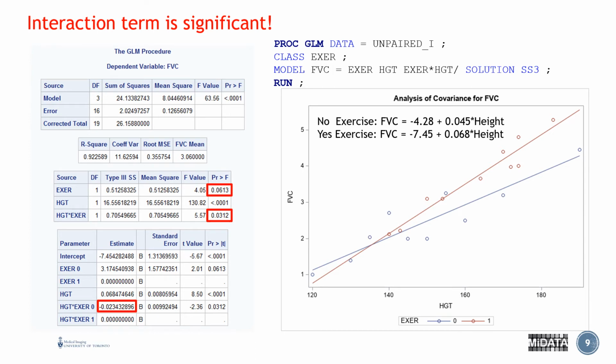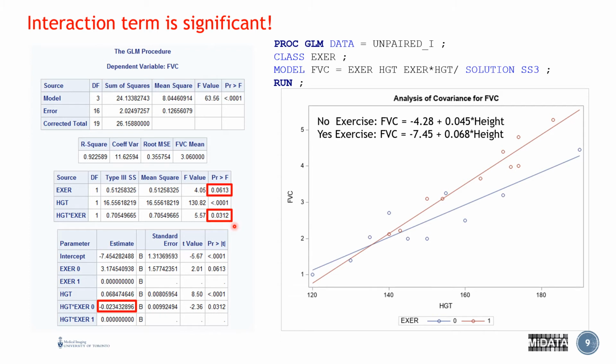Okay, here's the fun. When we then use the GLM procedure, same as before, where we include exercise yes, no, height, and then the interaction term, if we have a peek at the interaction term p-value, oh, look at that, 0.0312. It is significant. So, wow, that's exciting.